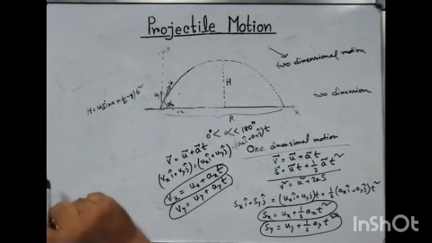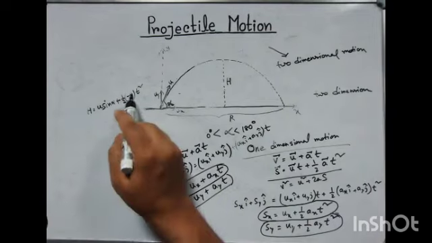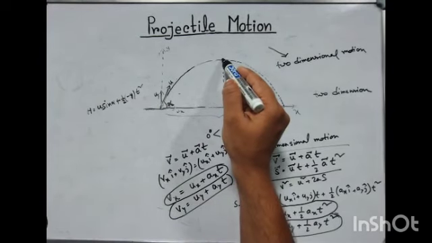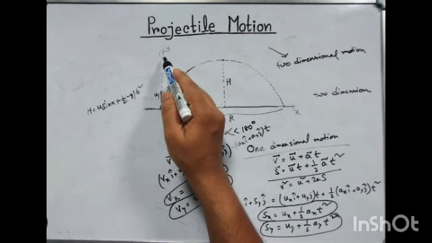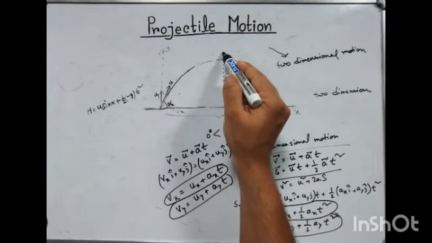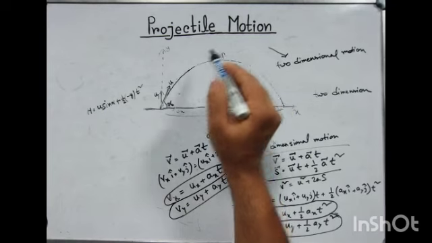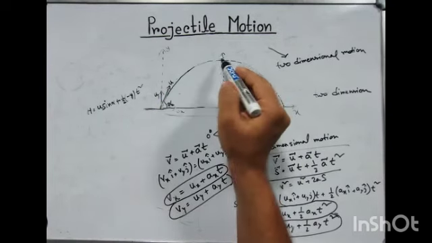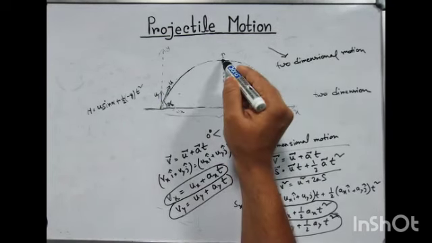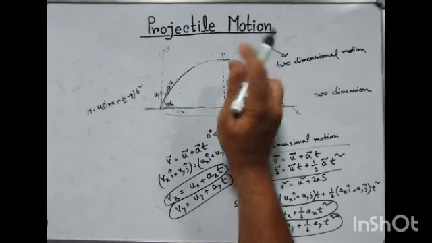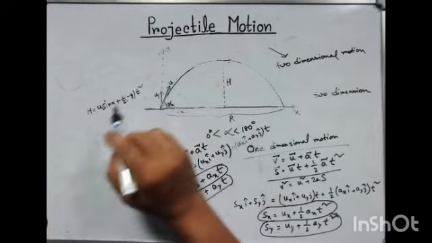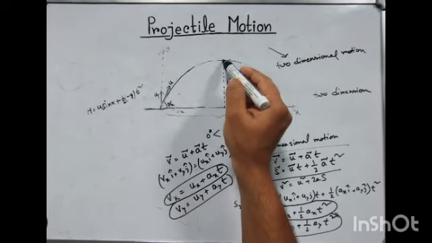Now we don't know the value of t, so what will be t? We know at the maximum point the y component of the velocity will be 0, because at that topmost point it will only have an x component, it will have no y component of velocity.